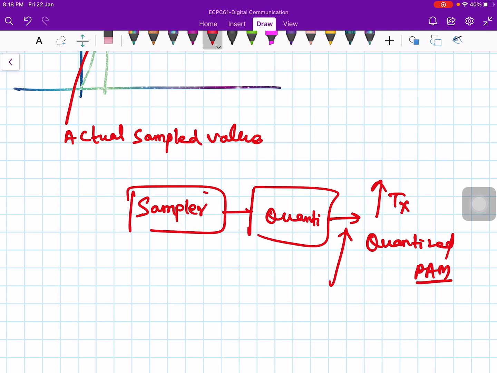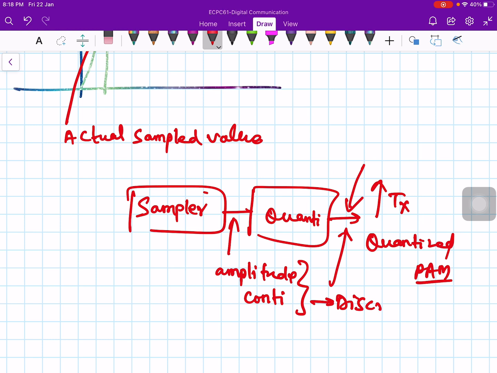The reason is you have quantized: the amplitude is continuous, and that continuous amplitude is converted into discrete amplitude. That is why this is called digital pulse amplitude modulation.